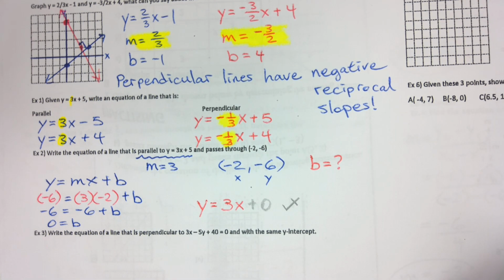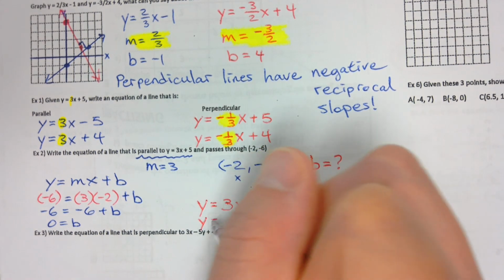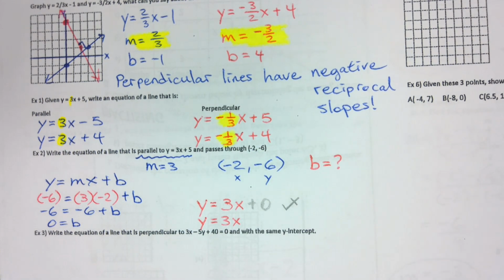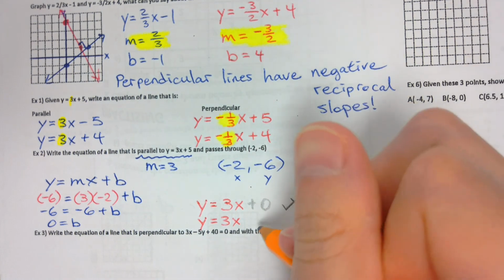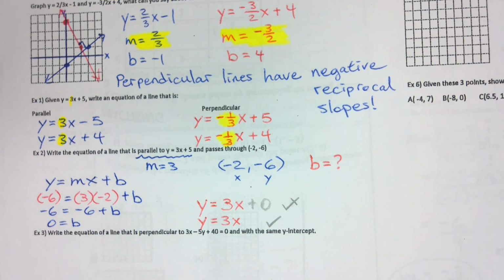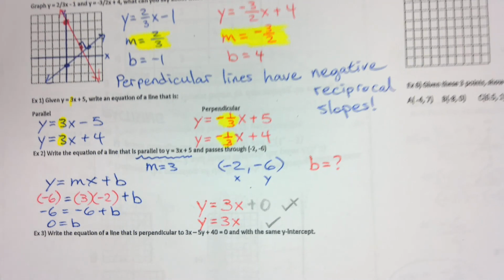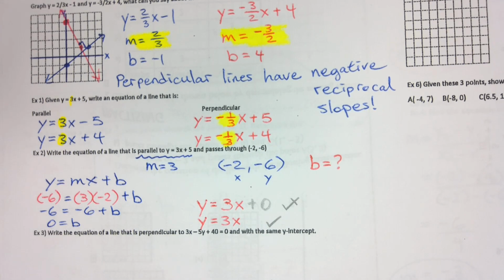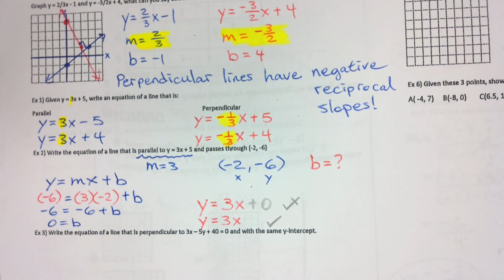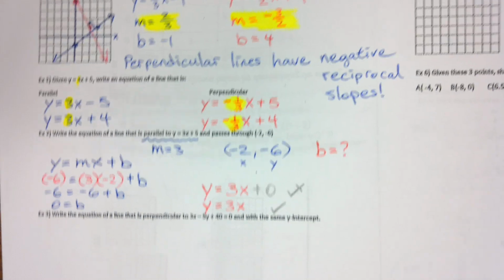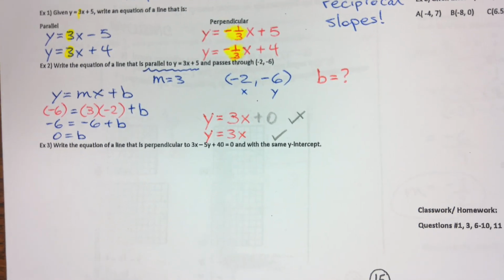So, Alisa? Y equals 3x. Just y equals 3x. That's right. Okay, no plus 0. The plus 0 will give you half a mark off because it's not simplified. Not trying to be that mean. All right. Some grade 10 teachers will mark the whole answer wrong. Okay. So don't lose silly marks like this.